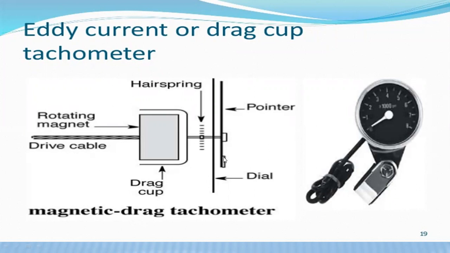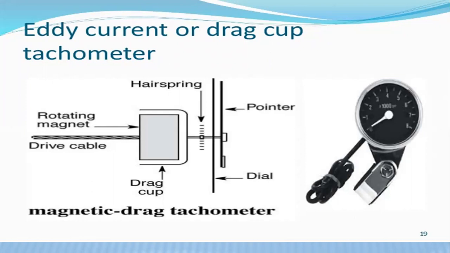The dial is connected to the pointer, so the pointer shows how much deflection there is, and how much speed is calculated through the calibrated scale placed on the dial. The rotating shaft speed is read as numerical values on the calibrated scale with the help of the pointer.